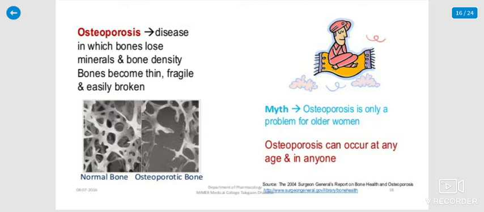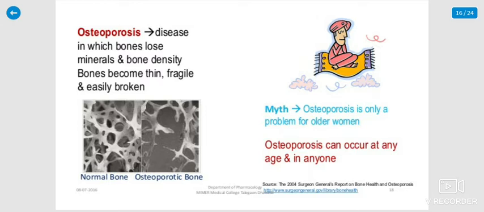Osteoporosis is a major disease of adulthood because of lack of sunlight exposure. It is a disease in which bones lose minerals and bone density, and become thin, fragile and easily broken.